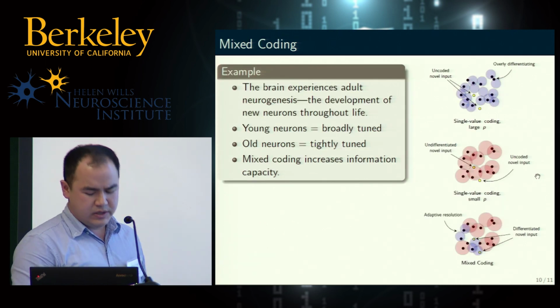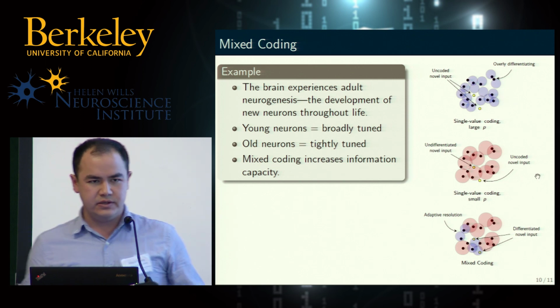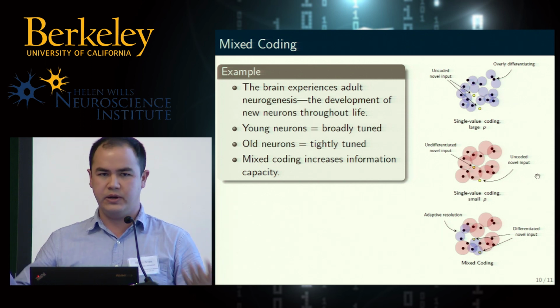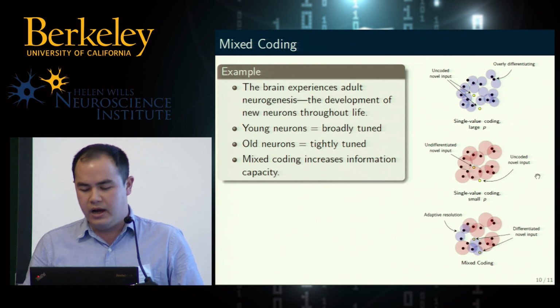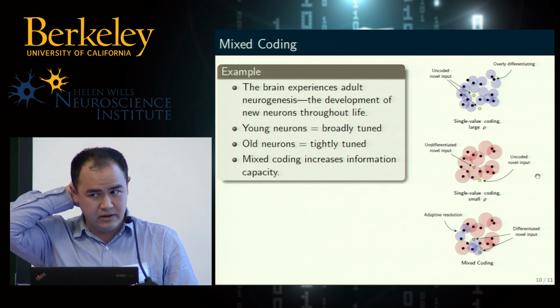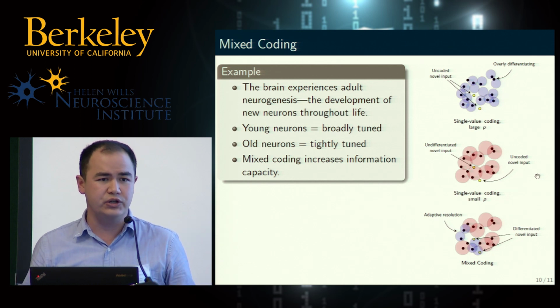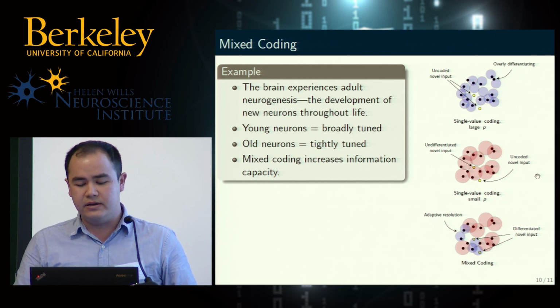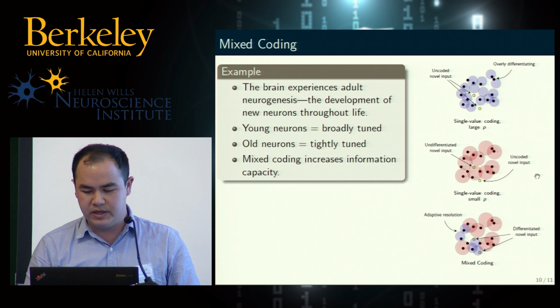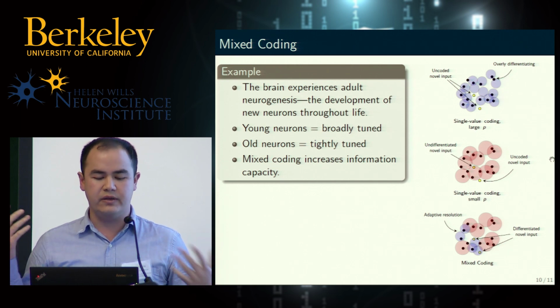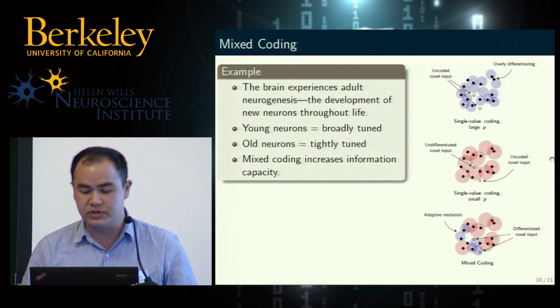The other thing that we looked at is adult neurogenesis, which is new neurons appearing throughout life. This happens in the dentate, and the neuroscience literature says that young neurons are more broadly tuned than older neurons. There's been some research showing that this helps increase information capacity, which makes sense.